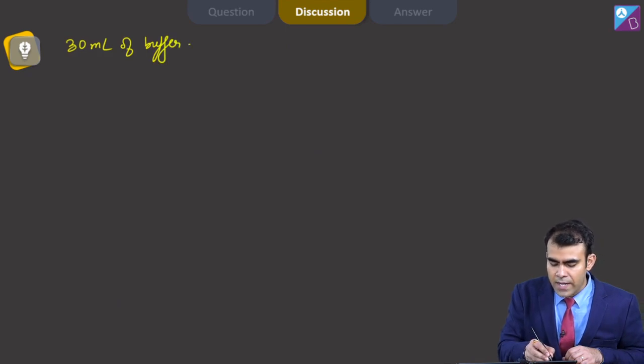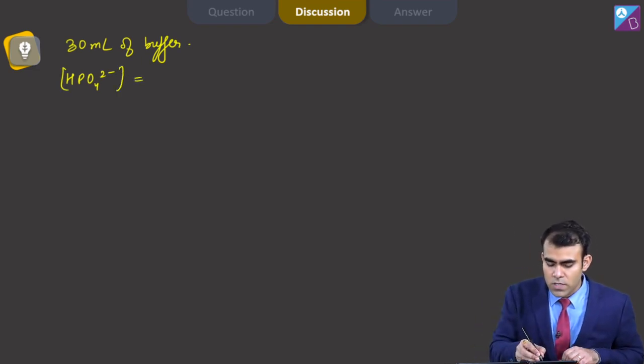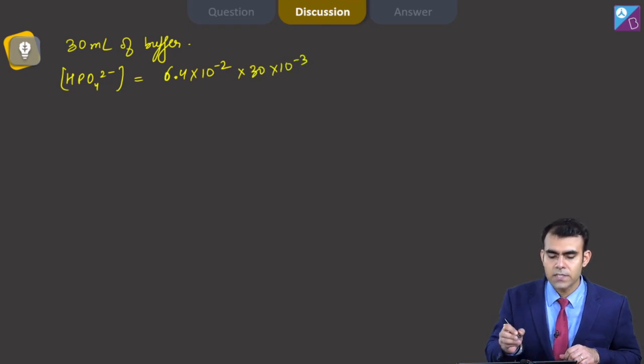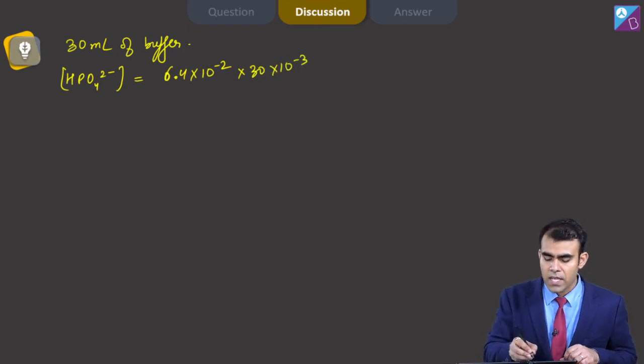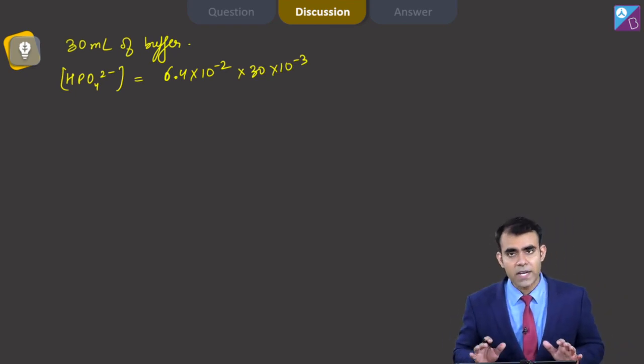In 30 ml, the concentration of HPO4 2 minus is 6.4 into 10 to the power minus 2, and 30 ml can be written as 30 into 10 to the power minus 3. So these are the moles of HPO4 2 minus initially.